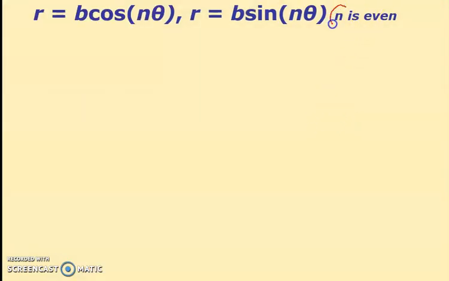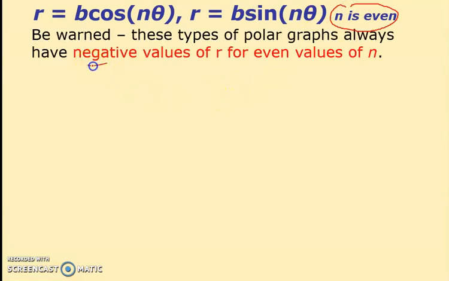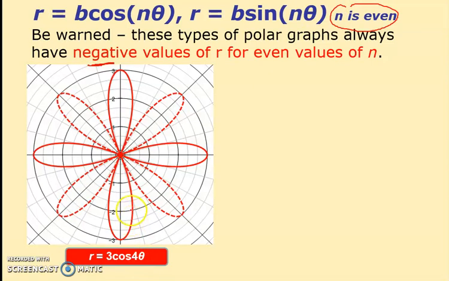Notice, though, what happens when n is even. This is when we get the negative values. So be warned about negative values. So 3 cos 4 theta. When you draw it on your calculator, it draws 8 arms. Notice how many arms there are. Cos always starts on the x-axis. But with 4 theta, it's got to have 4 arms.